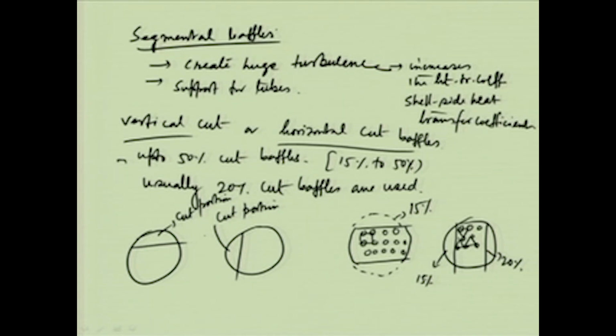What is important here is that in all such baffles, suppose this is a baffle, and this is a 20% cut baffle. We have these tubes over here like this.